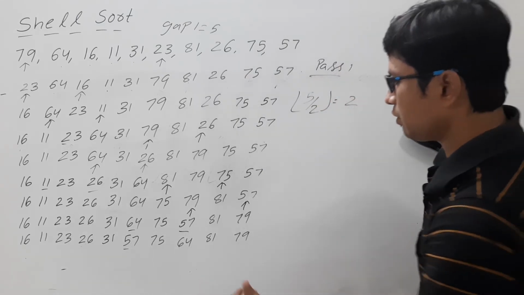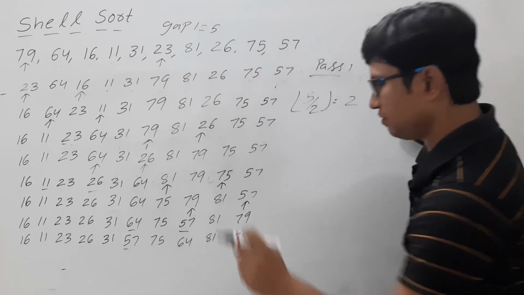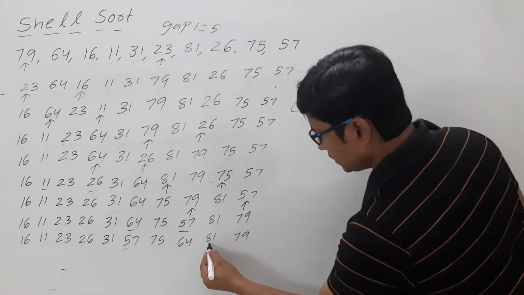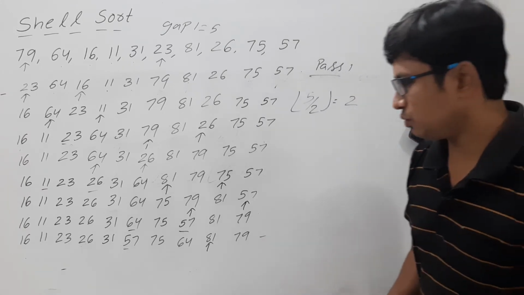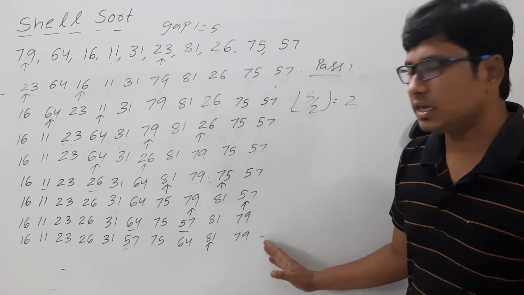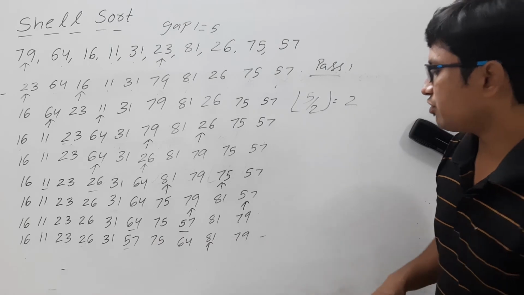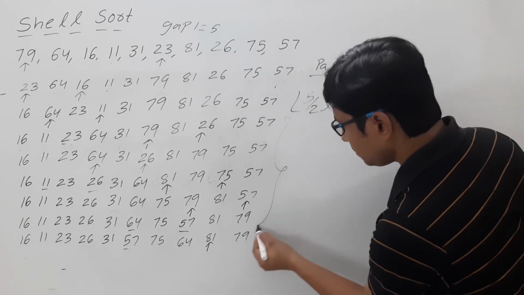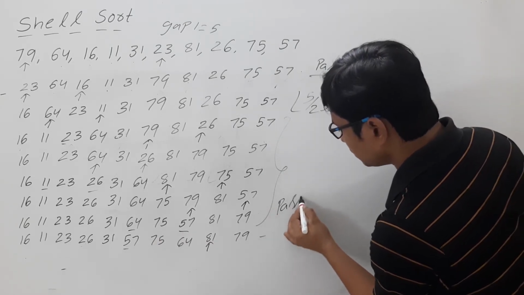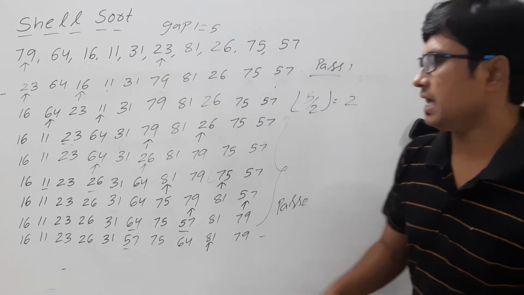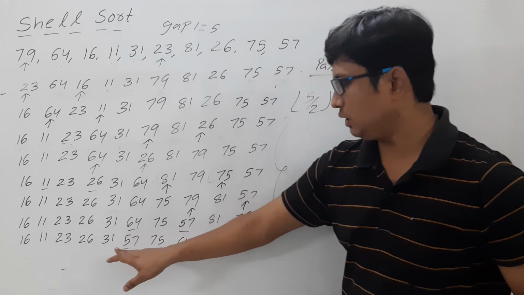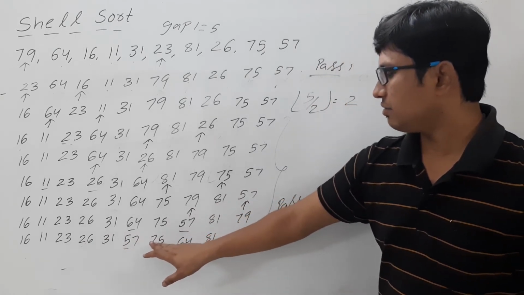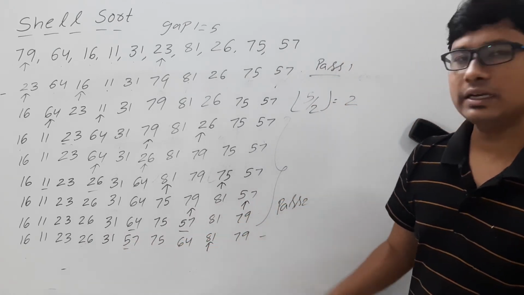So we have compared 79 and 57. Now you need to increment, it will be 81 and there is no element here. So we can stop this process and we can say that after pass 2, I got the elements as 16, 11, 23, 26, 31, 57, 75, 64, 81 and 79.